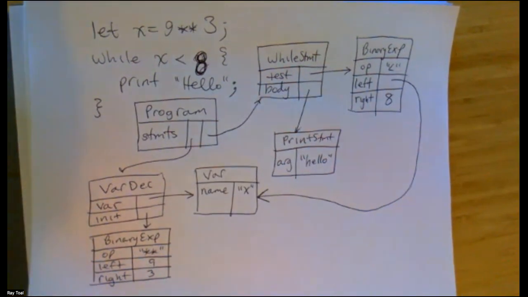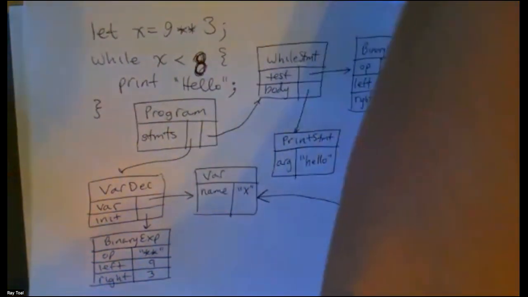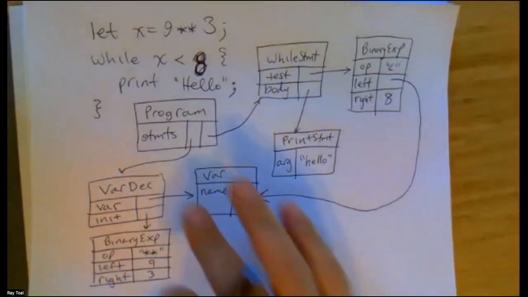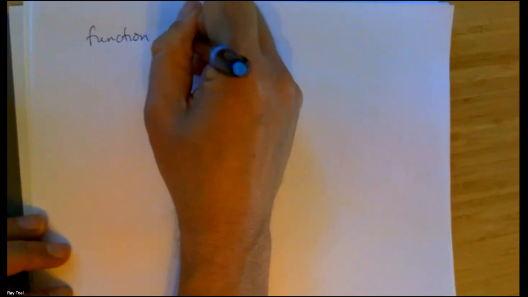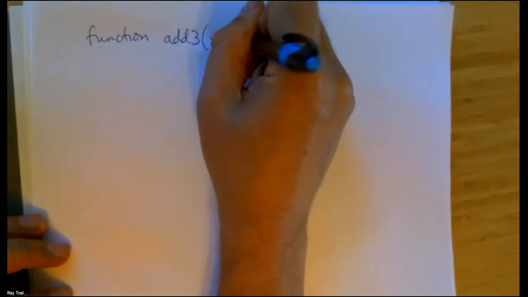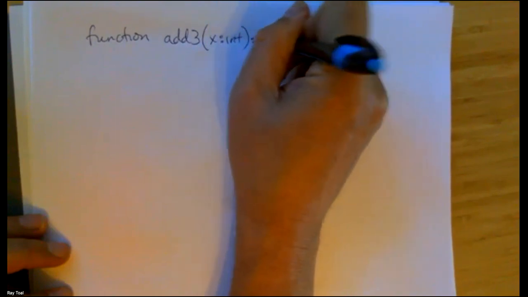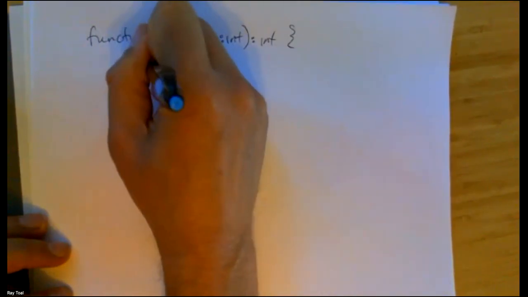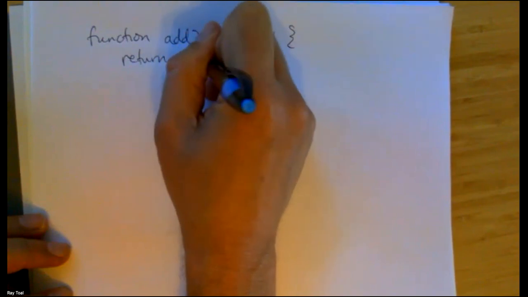Let's take a look at one other one, which might be helpful to look at. Let's look at function declaration. So suppose we had a function, we'll just call it add3. It'll take in an integer, it'll return an integer, and it will return x plus 3.